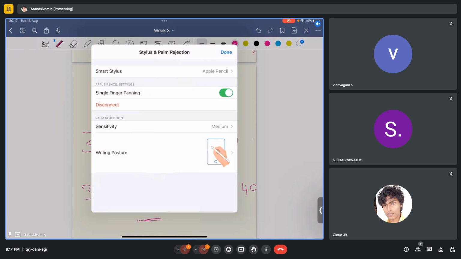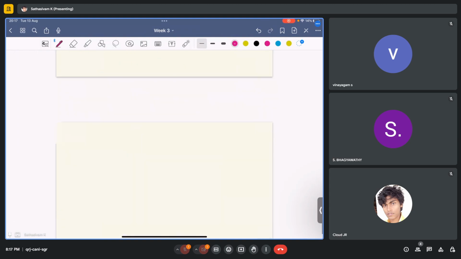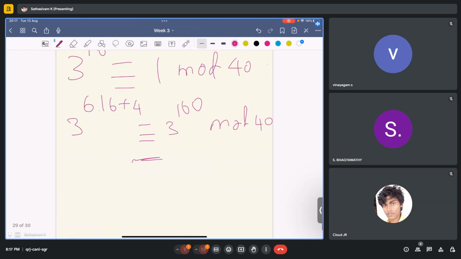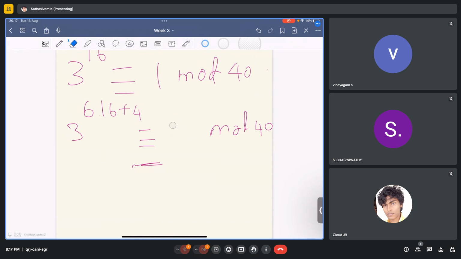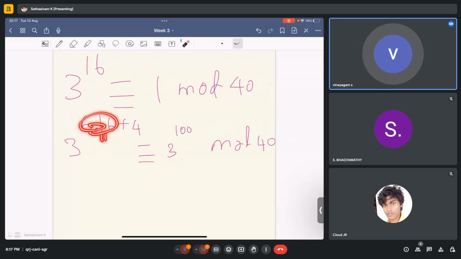Just 1 minute. Just need to do it. Okay, so this we have. So 3 power 100 here. Sir, once again I explain the steps, sir. 3 power 16 congruent to 1 mod 40, and then next step, how to write the next step, sir?